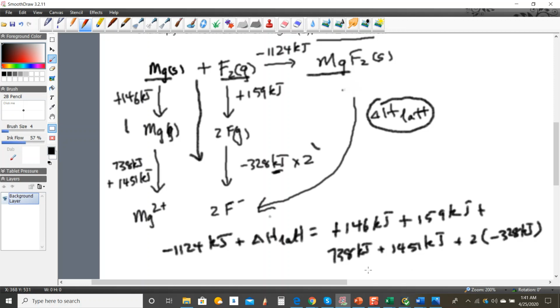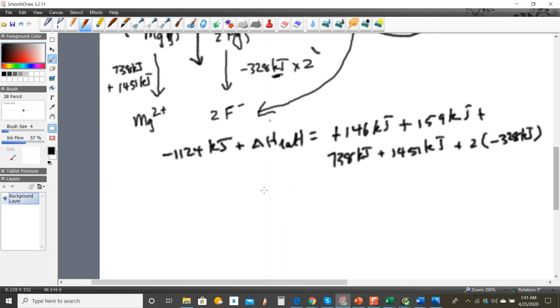Basically it's all math from here. All you have to do is use your calculator to do your number crunching. So let me do that now. On the right side of the equation, let me work that out first.